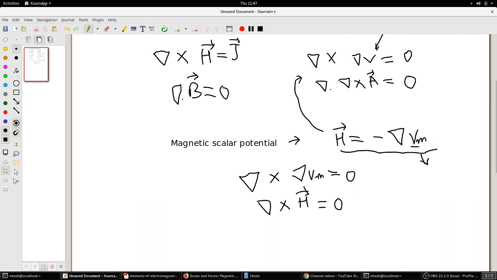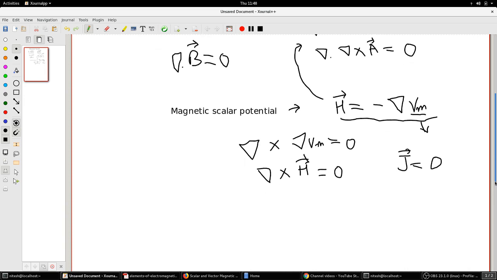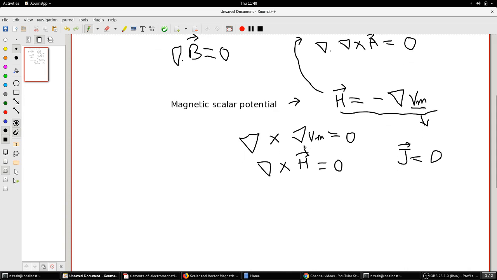So this magnetic scalar potential Vm will exist only when the vector J is equal to 0. Otherwise it will not exist.